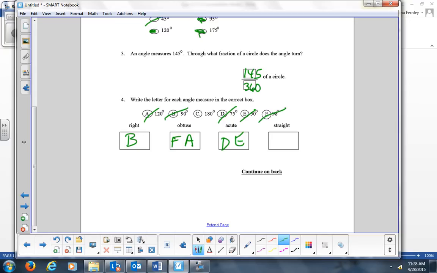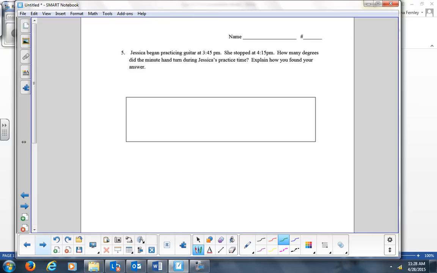But the definition of a straight angle is an angle that measures exactly 180 degrees. Yes, it measures exactly 180. Okay, last one.